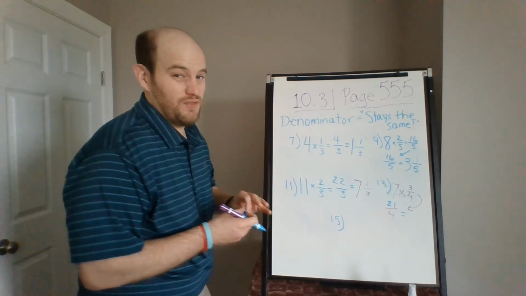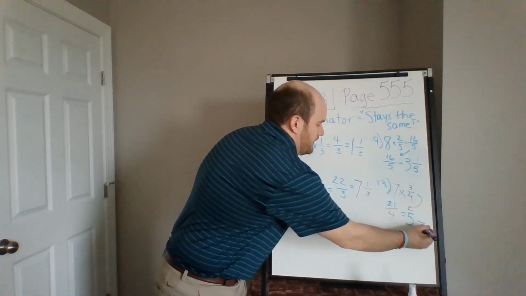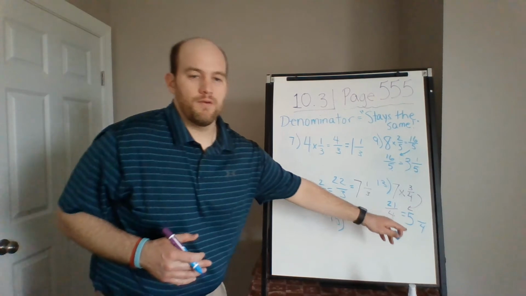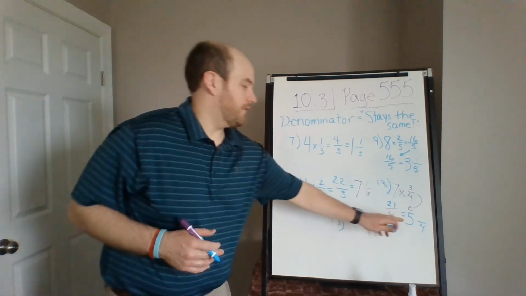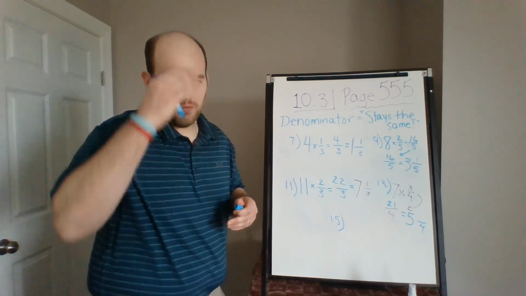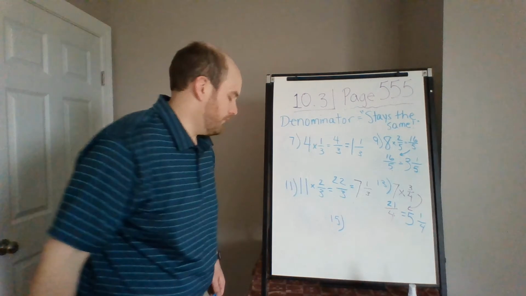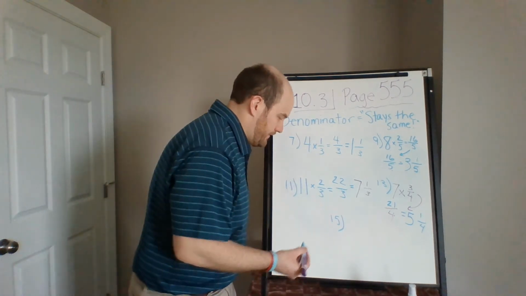So just 5. Okay, 4 times 5 is 20. My 4 stays the same. That's why I wrote it down there. So 5 times 4 is 20, plus 1 is 21, so 20, 21, so just 1. 5 1/4.